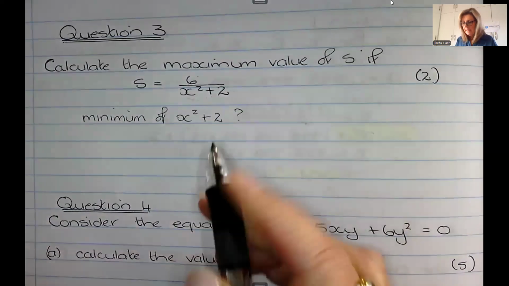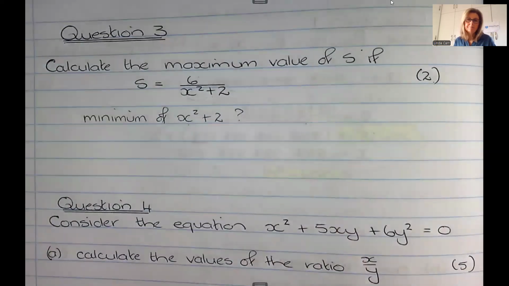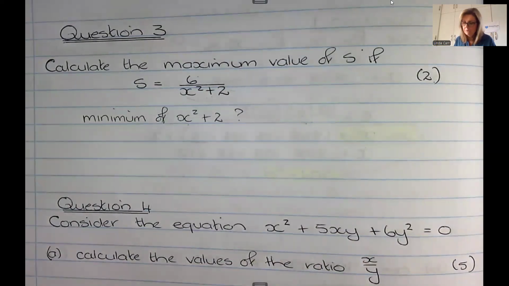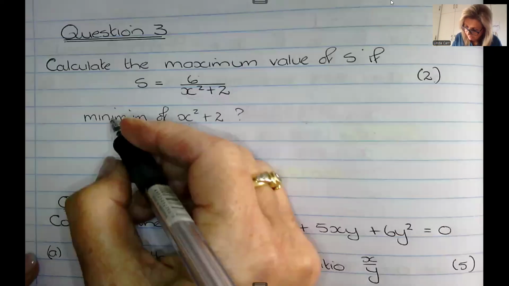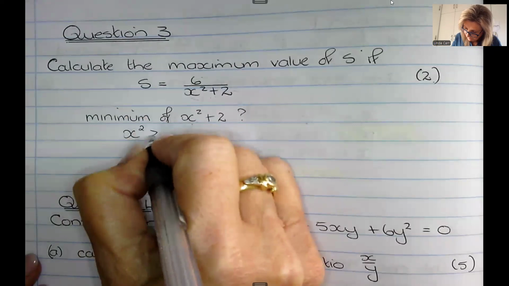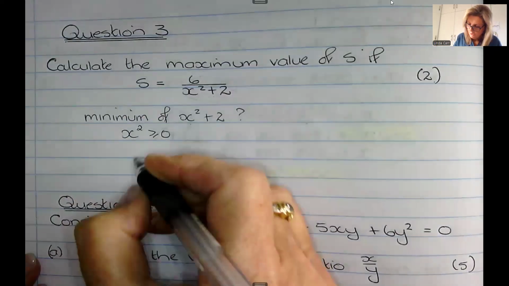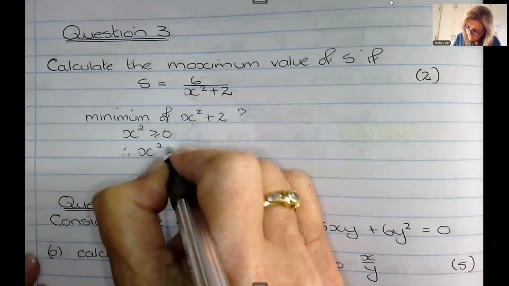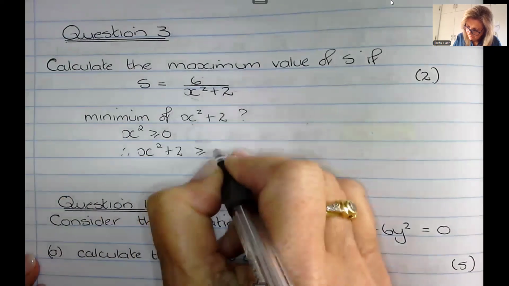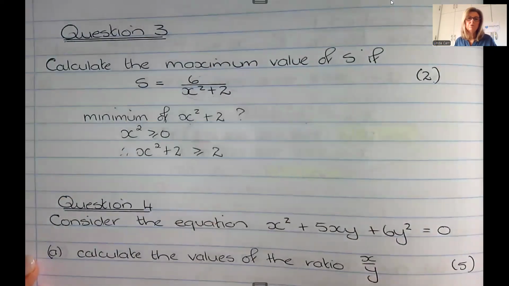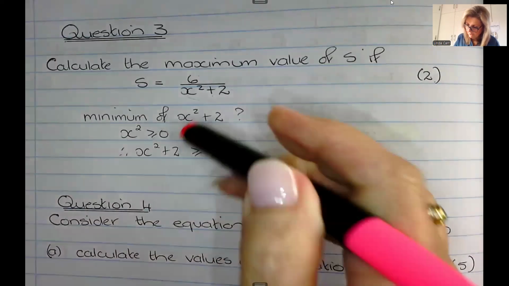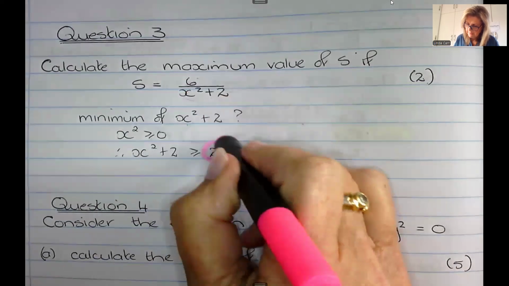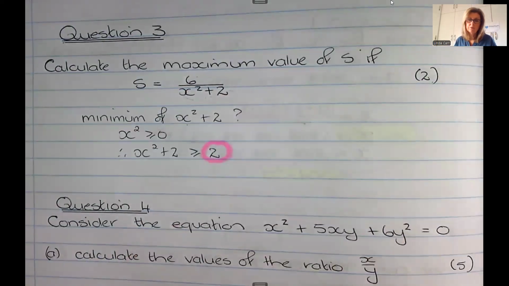Okay, now, x squared is a perfect square. It can never be negative. So the smallest value that x squared can have is 0. So therefore, x squared plus 2 has to be greater than or equal to 2, which means that the minimum value of the denominator is 2.